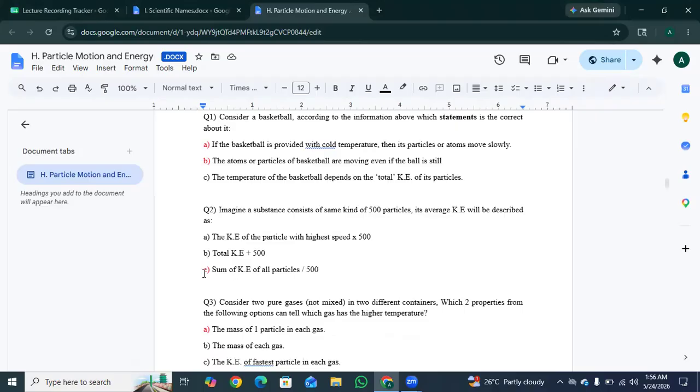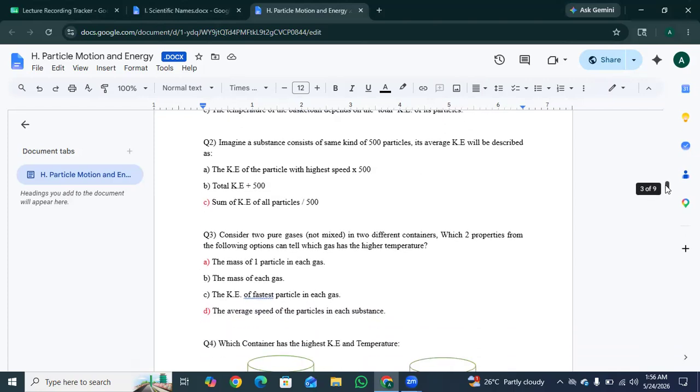Yes, option C is correct, because to find the average, you must add up the kinetic energy of all the particles and divide by the total number of particles. Here are the next questions, which you have to do based on the previous explanation. Write your answer in the comment section along with your reasons.